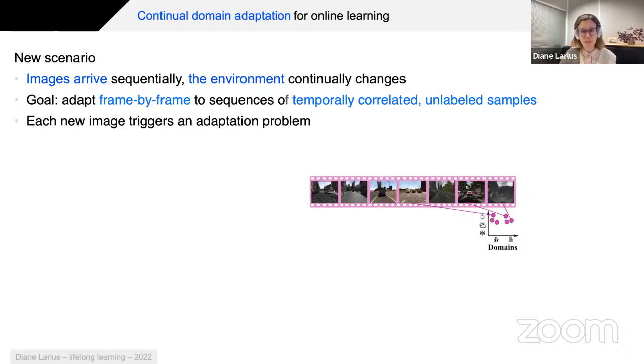And on top of that, those are unlabeled, because you get new images, new frames, maybe new data with it, but absolutely no human labels. So now the goal we want to tackle is to adapt to sequences of samples that are temporally correlated and unlabeled. You can see it as each sample that is acquired triggering its own individual adaptation problem. So now, how should you perform adaptation in that case?